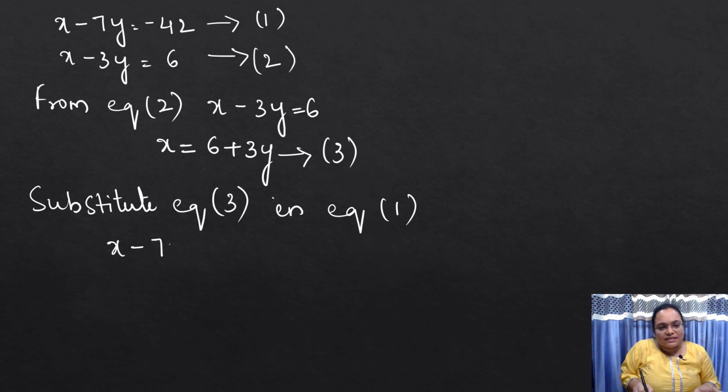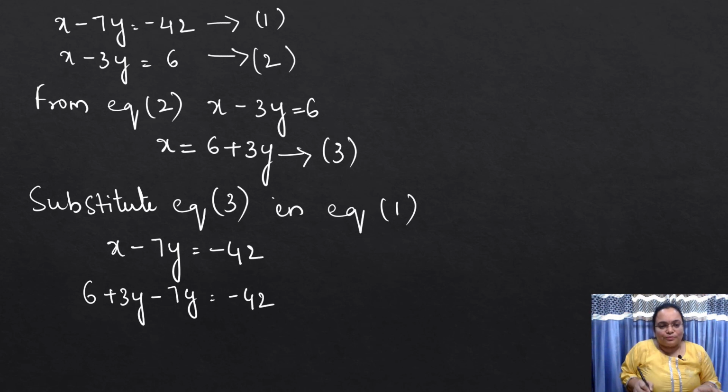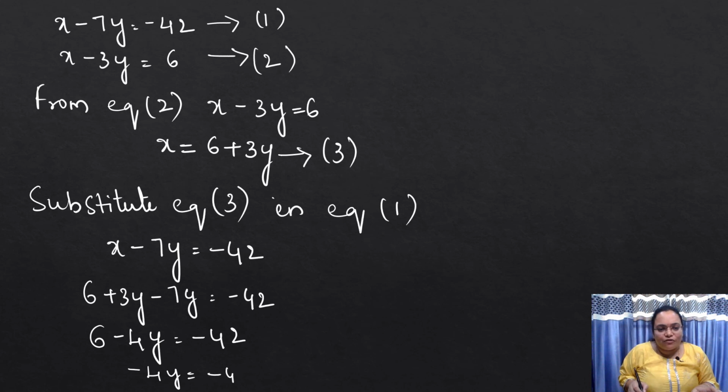X minus 7y is equal to minus 42. So, x minus, what is the value of x, which is 6 plus 3y, minus 7y is equal to minus 42, which is 6 minus 4y is equal to minus 42.